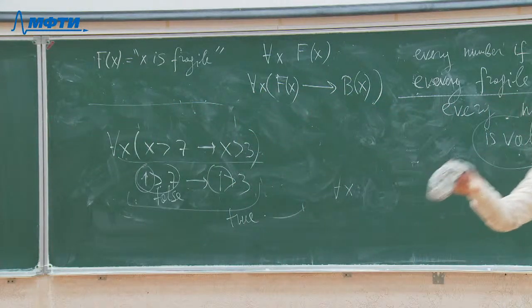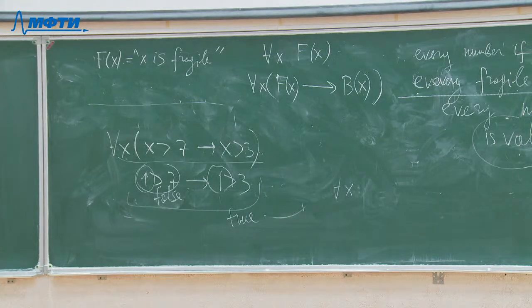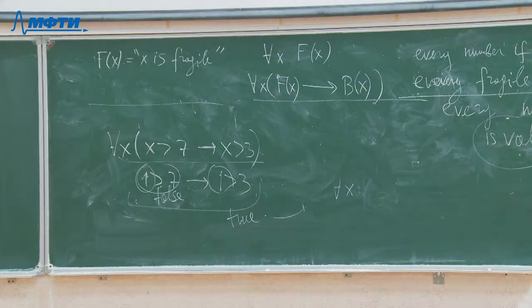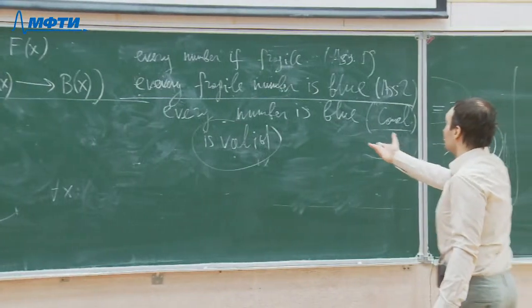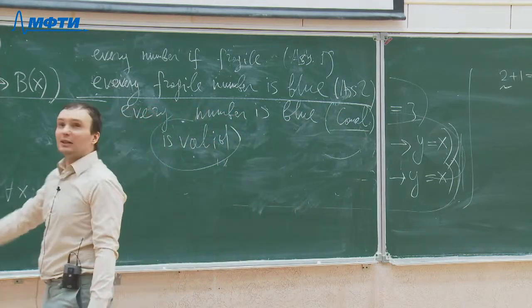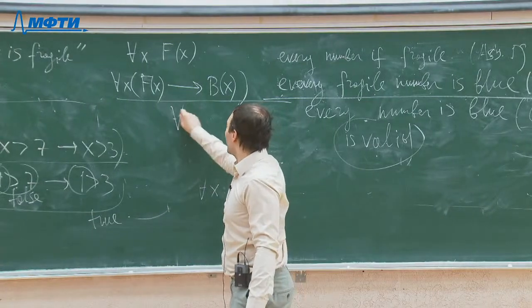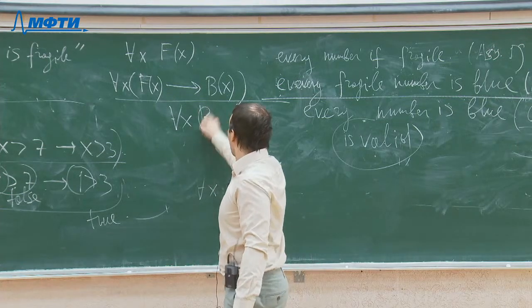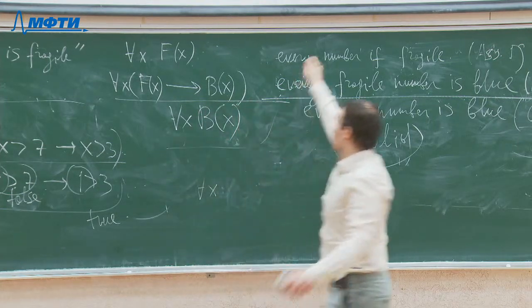For each x, whenever x is fragile, x is blue. And now let's finish this example and formalize our conclusion. How is it possible to do so? For each x, b of x, of course, that's it.